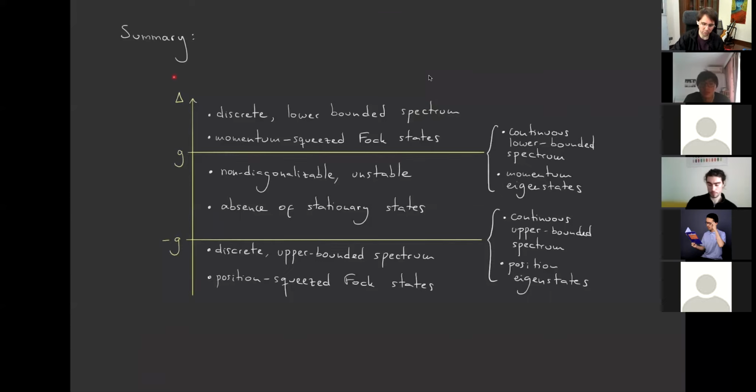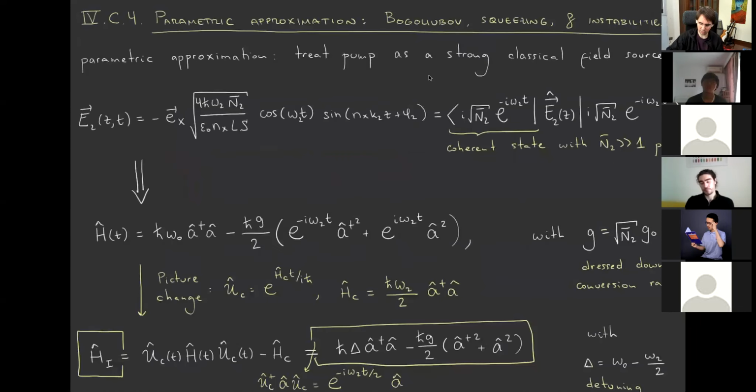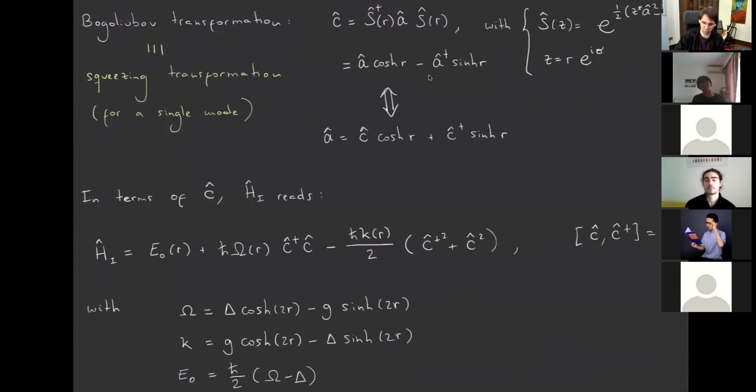So if we start with very large delta, delta much larger than G, then if you go to the original Hamiltonian, you see that when G is much smaller than delta and you neglect all this term, the Hamiltonian is just A dagger A, which is just that of a free harmonic oscillator, lower bounded with a uniform discrete spectrum.